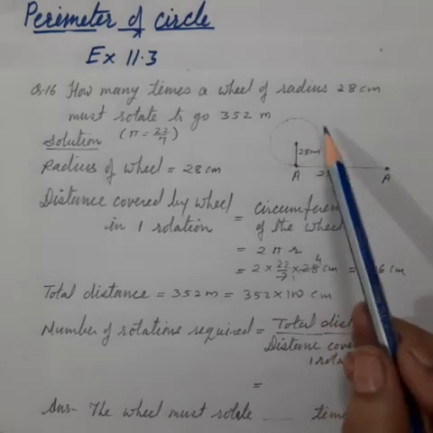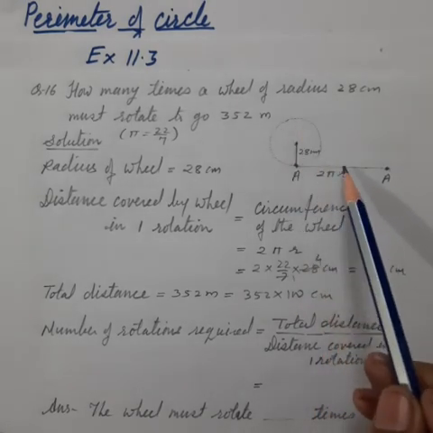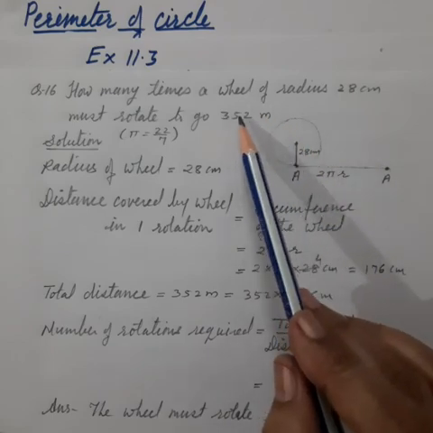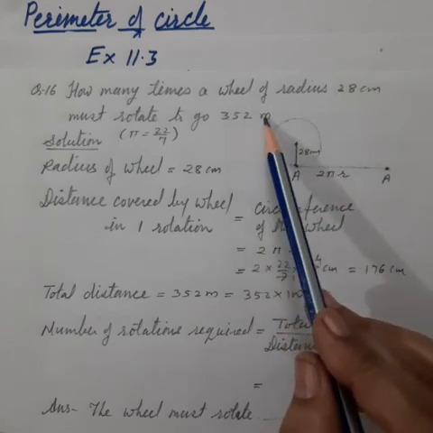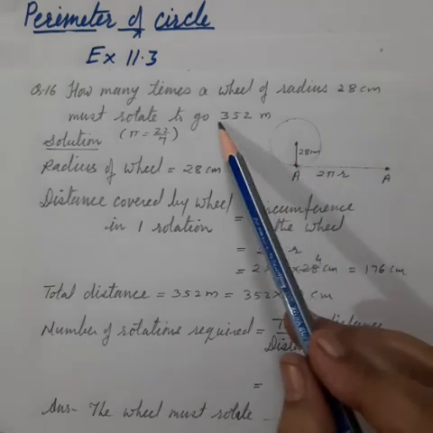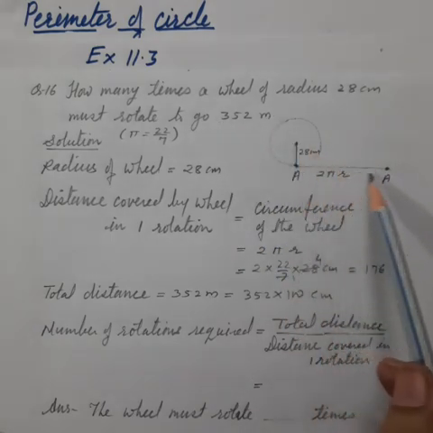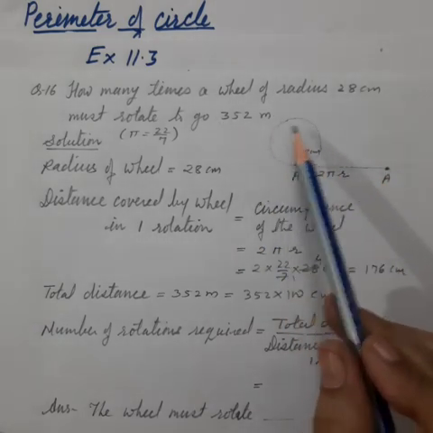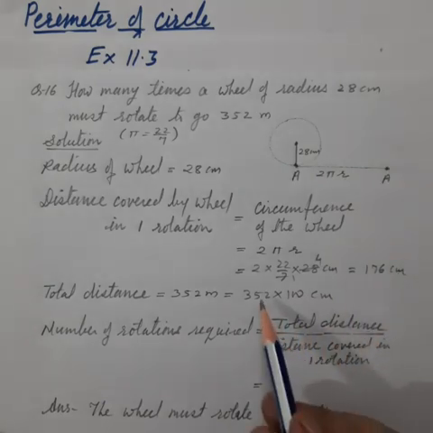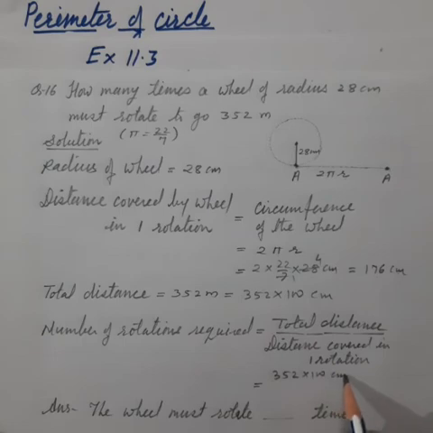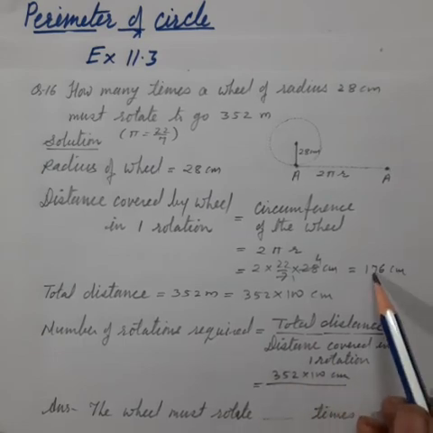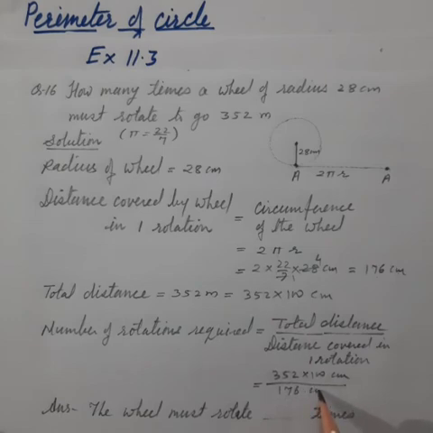To find in how many rotations this wheel will cover 352 meter distance, we have to divide the total distance by the distance covered in one rotation. So total distance is 352 into 100 centimeter and the distance covered in one rotation is 176 centimeter.